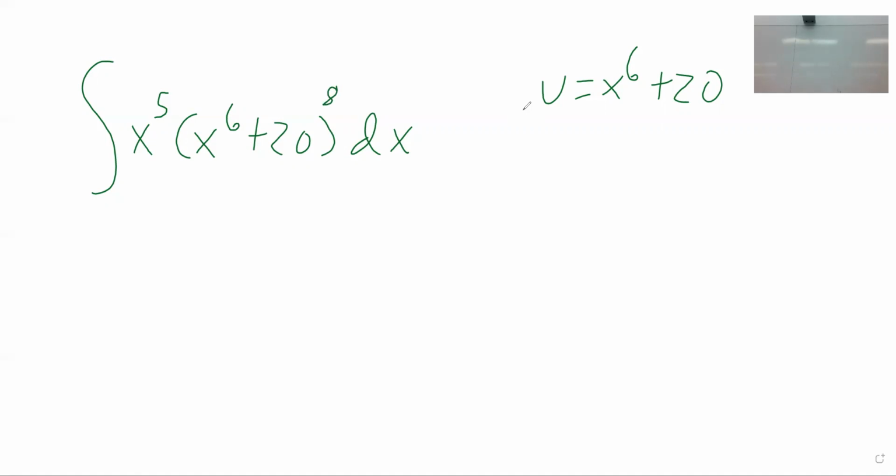This x to the 5th on the outside is, up to maybe a constant, the derivative of what's happening on the inside of this raised to the 8th power function. Does that make sense? So typically your choice for U will be something that is inside of another function, that is composed with another function. And then hopefully you'll get some cancellation when you substitute in your dx and so on.